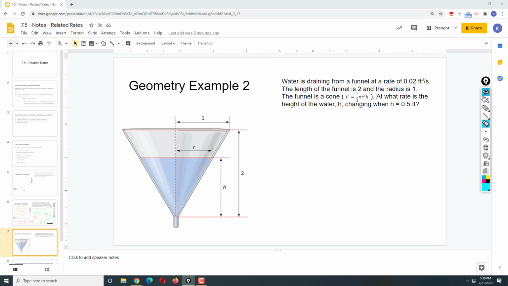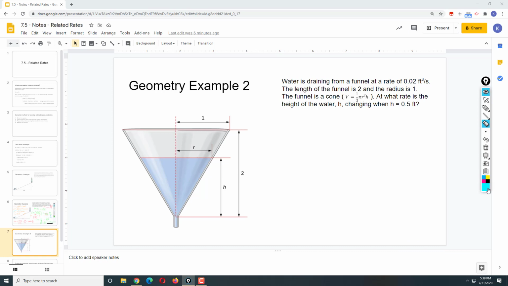The funnel is a cone, so the volume is 1/3 pi r squared h: the base is a circle, pi r squared, times the height, and because it's a cone, we divide by 3. At what rate is the height of the water, h, changing when h equals 0.5?